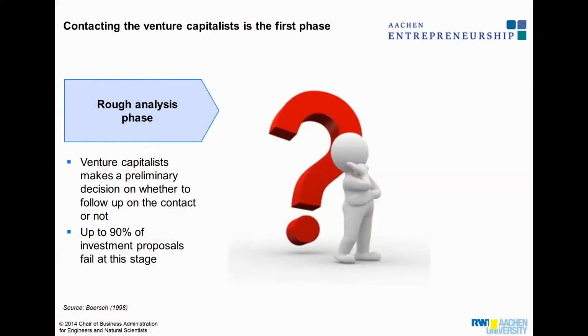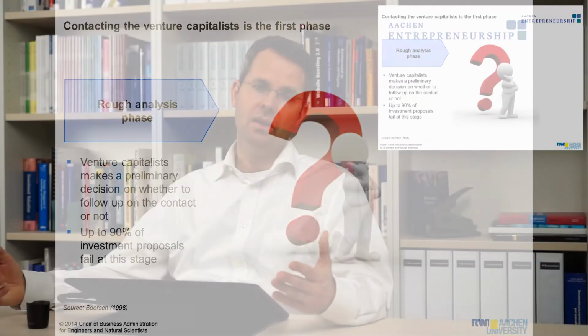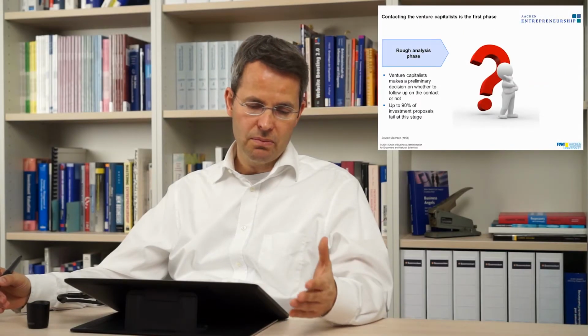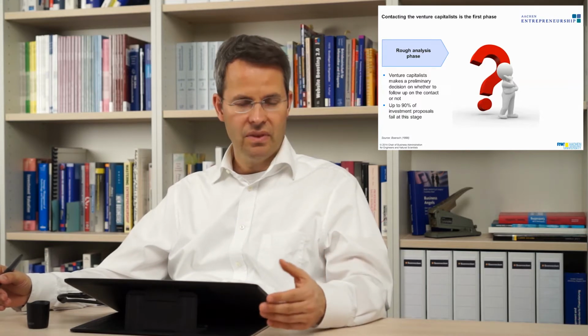Second step is the venture capitalist looks at the executive summary. He says, it looks nice, it looks interesting, I want to see the business plan, I want to see the team. So this is what happens in the next step. The next step, normally you do a company presentation and you present your business plan by doing that.